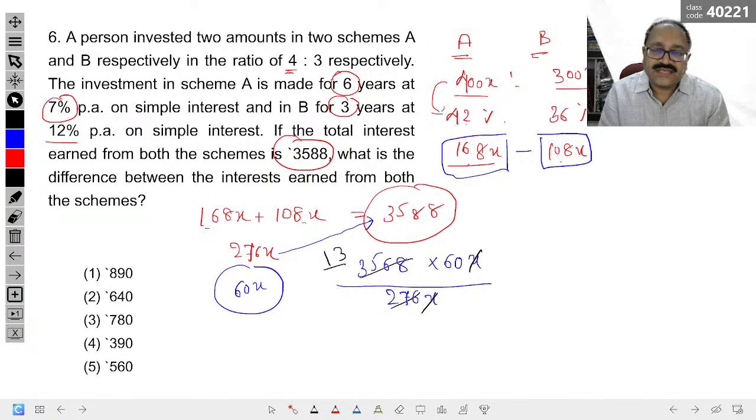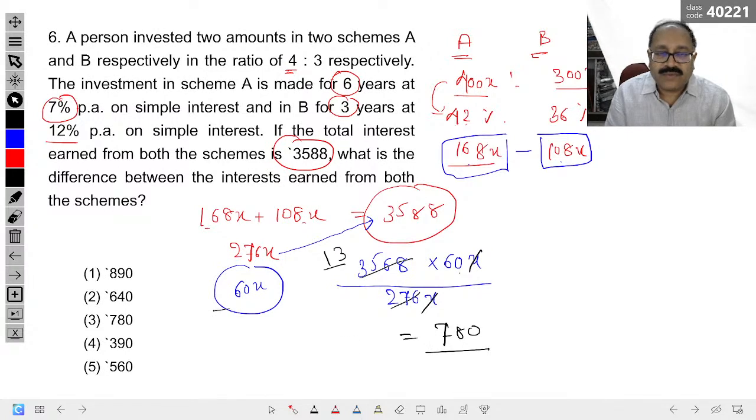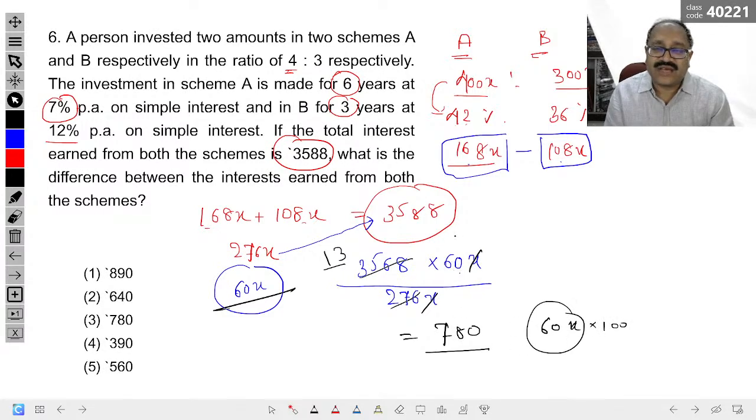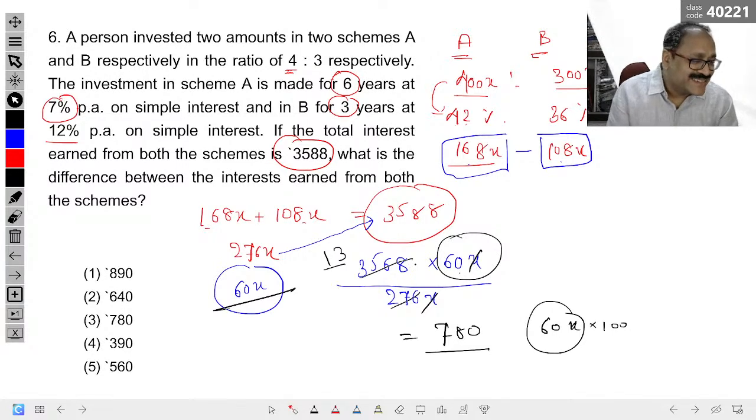So my answer is 13 times 60, which is 780. My requirement is 60x, not 60x into 100. I already got the 60x here.